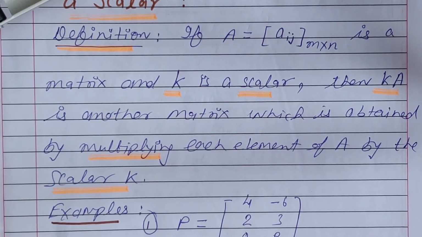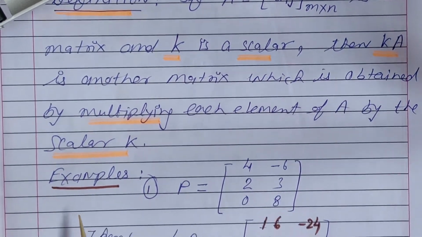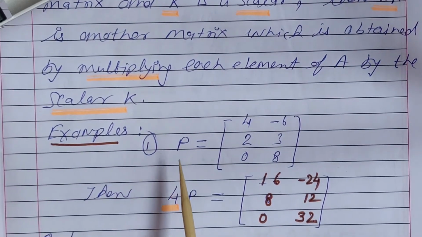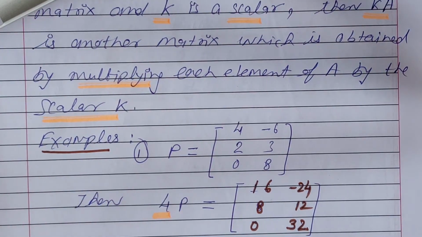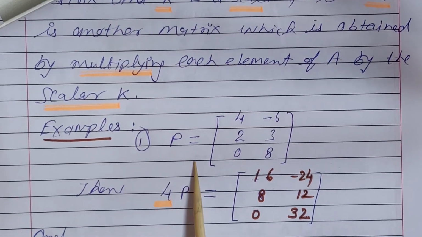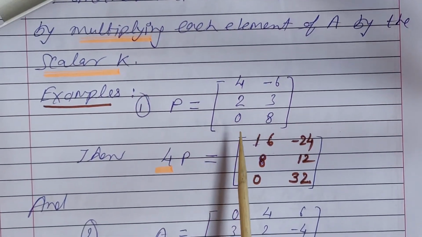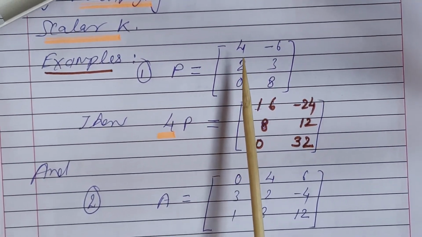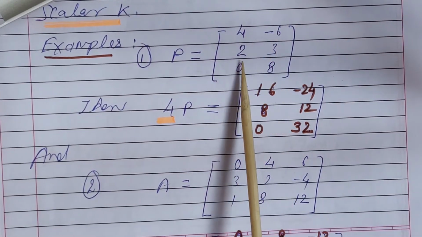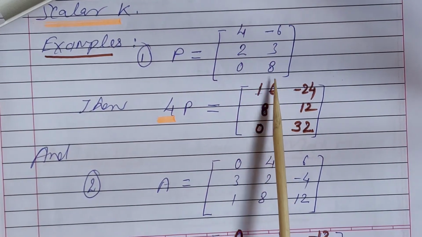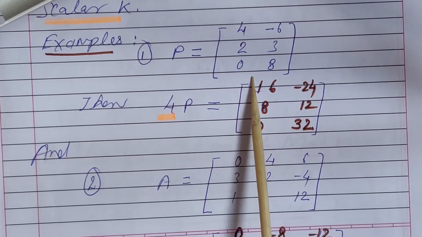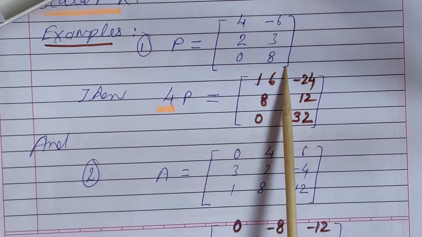Now see this example. Here example 1, we take an example, matrix P equals 4 minus 6 2 3 0 8. See here in this matrix there are 3 rows and 2 columns.